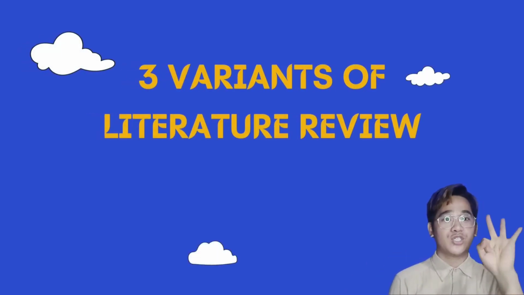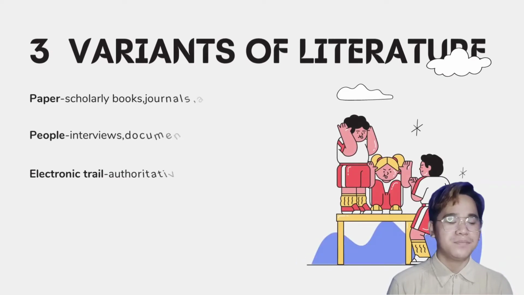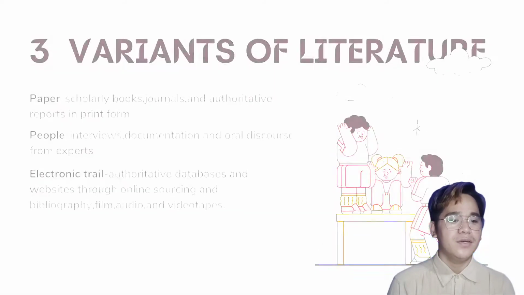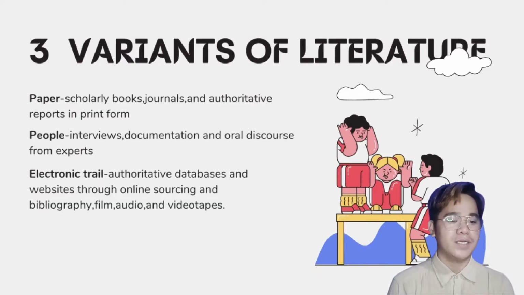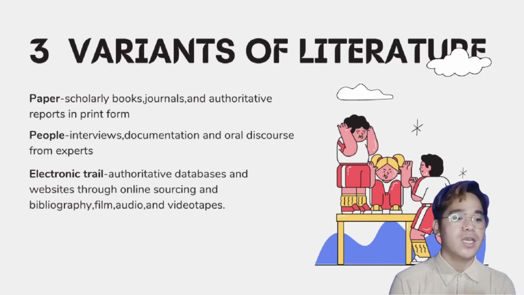I am going to discuss the 3 variants of literature reviews. Let us start first with paper. Paper is known as the scholarly books, journals, and authoritative reports in print form. And people are the interviews, documentation, and oral discourse from experts.